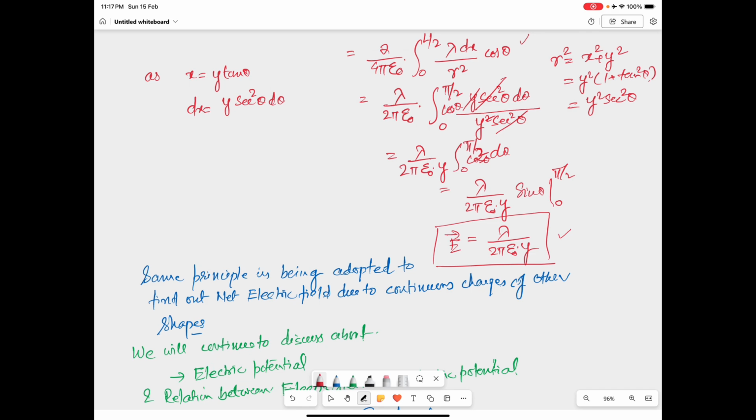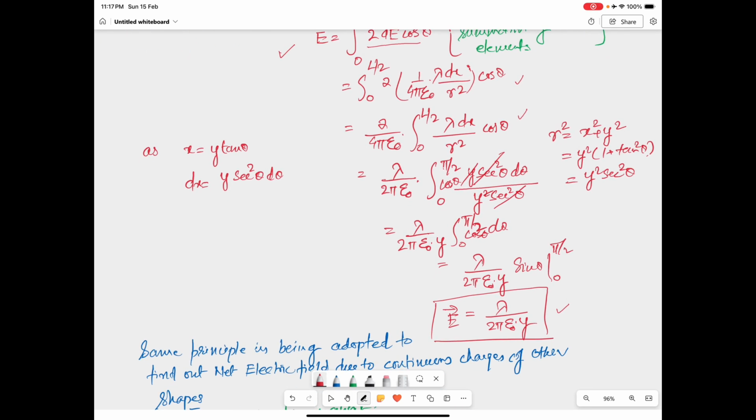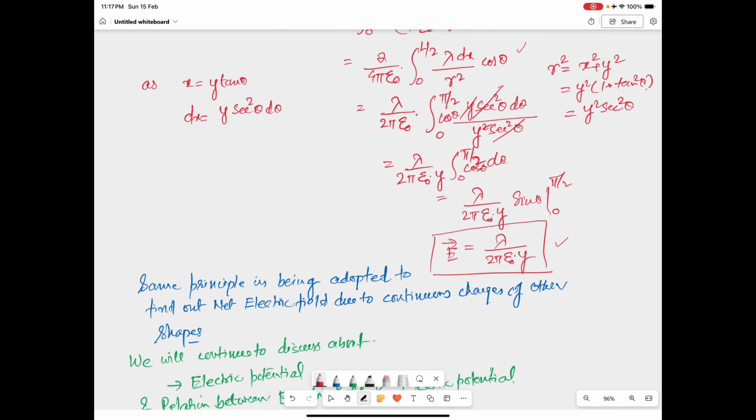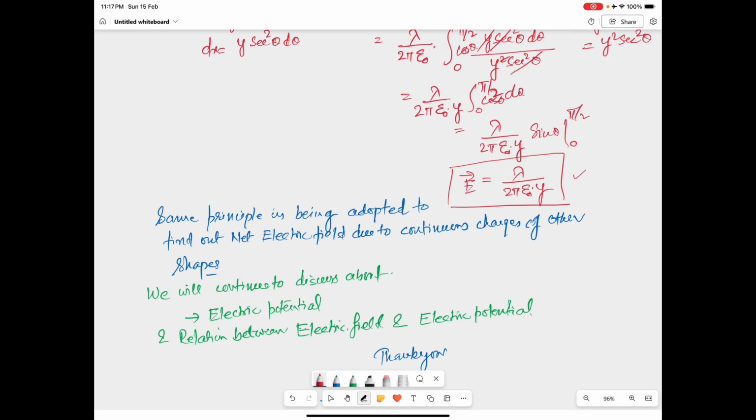This is how we can calculate it. With the same method we can find out the field for all other continuous charges of different shapes. We find the elemental electric field and then do the summation to find the net electric field, which we will continue to cover in our other videos when we go more elaborately into this chapter.